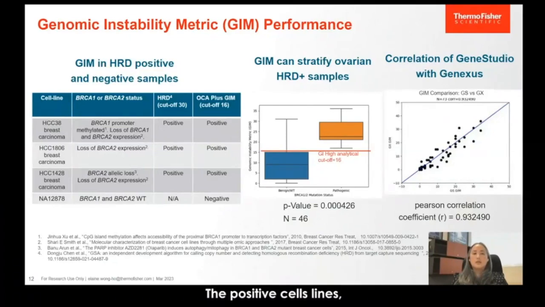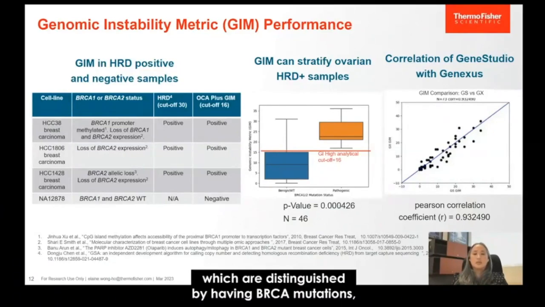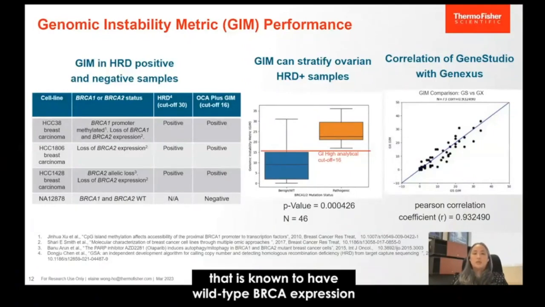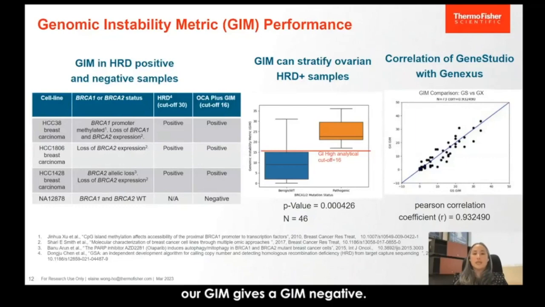The positive cell lines, which are distinguished by having BRCA mutations, all are above our OCA Plus GIM threshold of 16 and provide a positive readout. Using a control sample, NA12878, that is known to have wild type BRCA as well as not known to be HRD positive, our GIM gives a GIM negative.